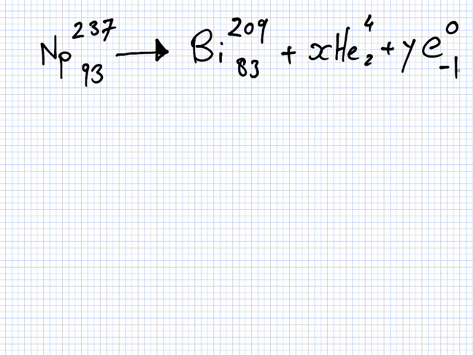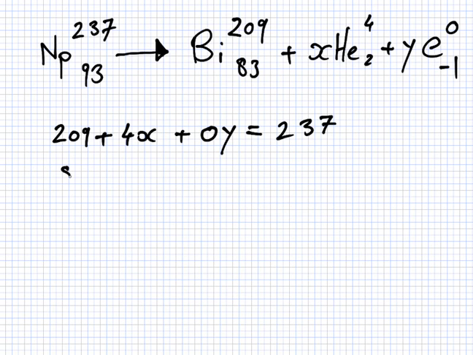Okay, so Louise, did you have this? Yeah, okay. So we can say 209 plus 4x plus 0y must equal 237. And also we can say 83 plus 2x minus 1y must equal 93.